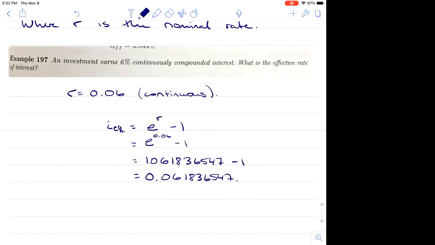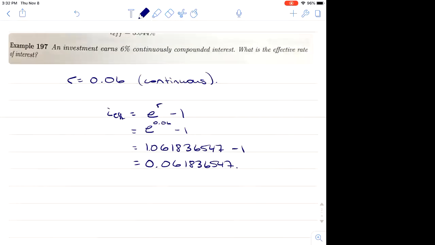We're not too familiar with the e to the x quite yet, but what's that saying? 6.18% compounded annually is the same as 6% continuously compounded. Again, not that big of a difference. Even going from continuous compounding, where it's always compounding, to annual compounding isn't that big of a deal.